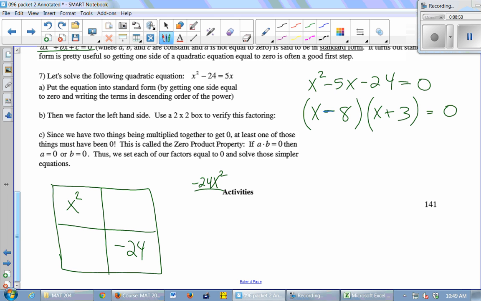What are things you can multiply together to make negative 24x squared? 6 and 4, one of them has to be negative. Negative 8, positive 3, 8, negative 3. And these should all have x's, sorry.